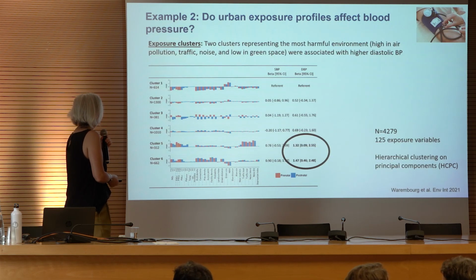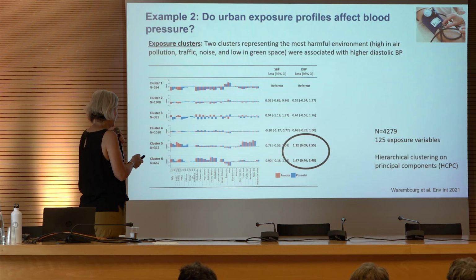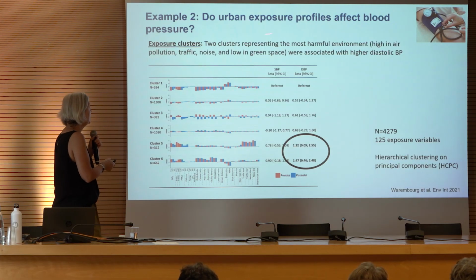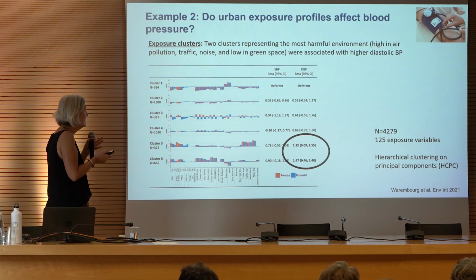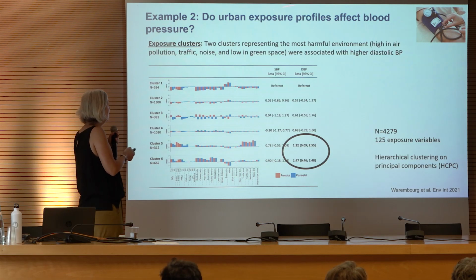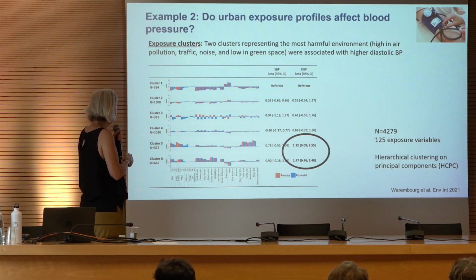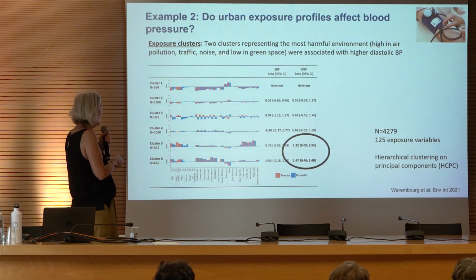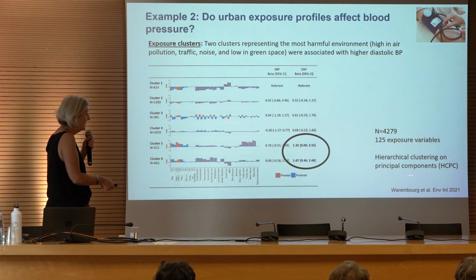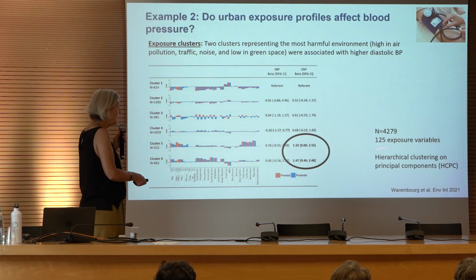So that's one method. And a different one is the question on the exposure profiles. So here we ask the question of whether exposure profiles, urban exposure profiles, affected blood pressure in children. And this is based on a hierarchical clustering method.